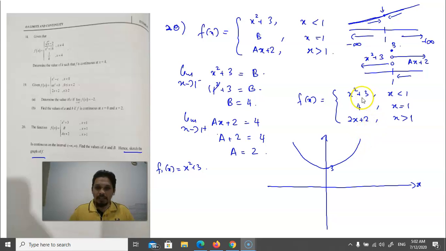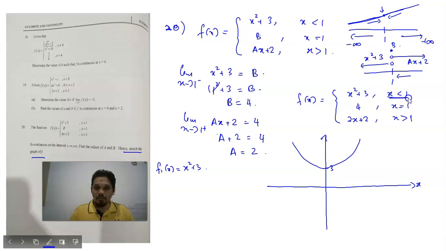By the way, this graph is only for the domain of x less than 1. So let's say there's a 1 here.